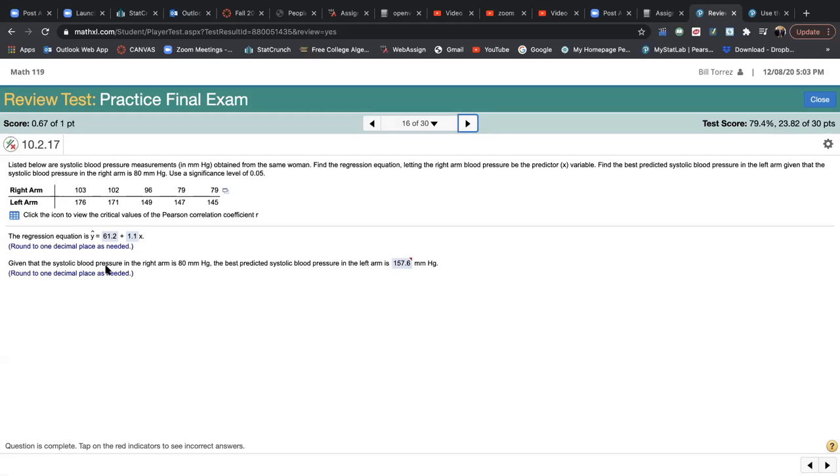If we're given the systolic blood pressure in the right arm is 80, we substitute 80 into this equation, and we get, again, 149.2.